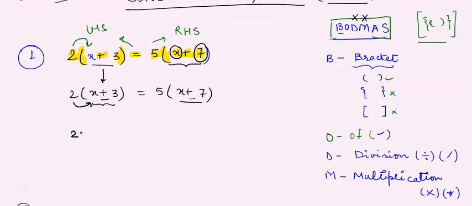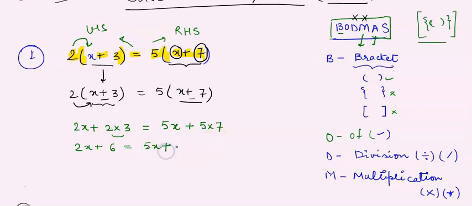So clearly 2 of x, then plus 2 into 3, right? And this is equal to 5 into x, that is 5x, plus 5 into 7. So 2x as it is, plus 2 into 3 is 6, then 5x as it is, plus 7 fives are 35. Sorry, my bad, 7 fives are 35, right?